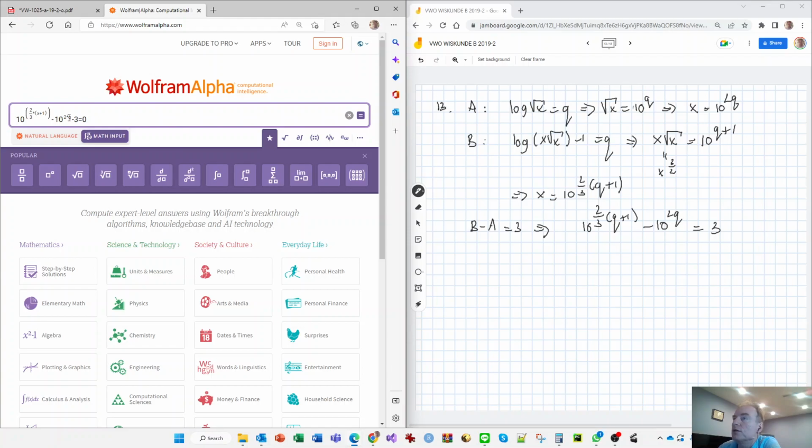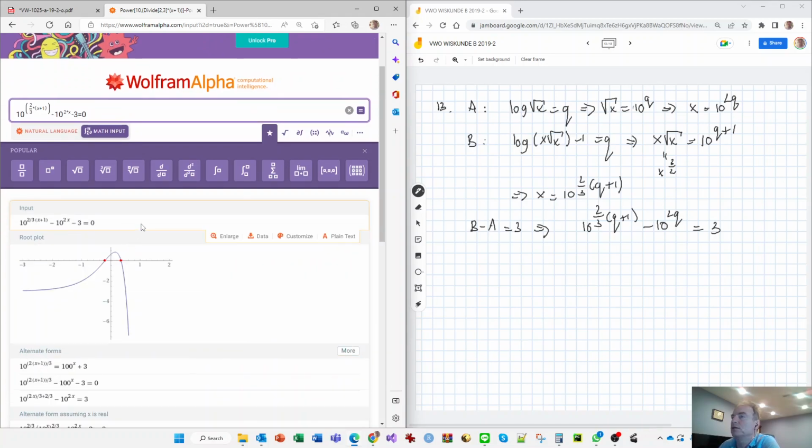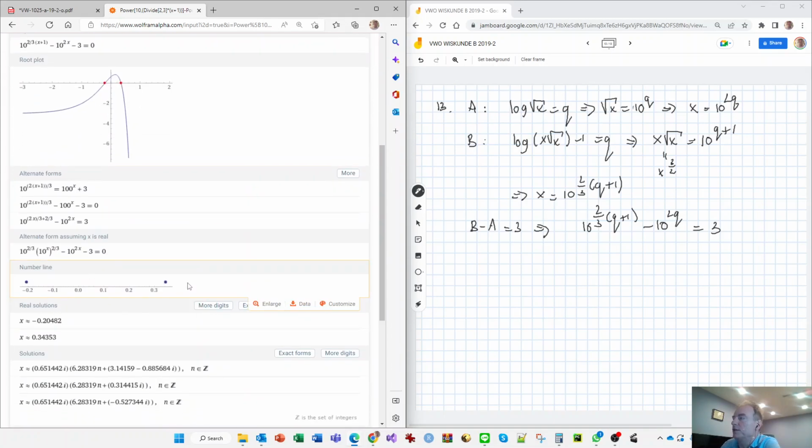Double check. No, I called it x. Okay, let's see. And again, I don't have a graphic calculator. But here you see that function, and it actually has 2 0 points given here.